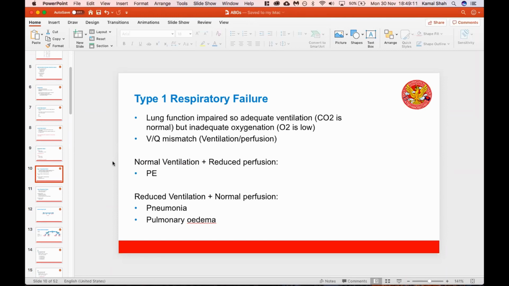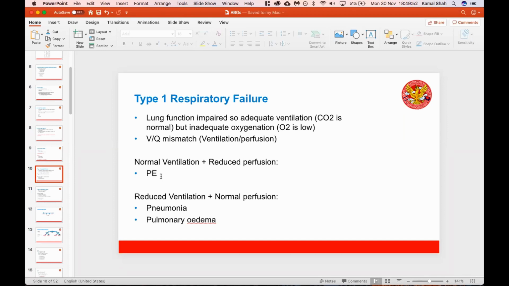We can essentially have something like PE, which causes normal ventilation but reduced perfusion. If you think of the lungs, you've got oxygen coming in, going to the alveoli, and you've got the capillaries that surround this alveolus. The key for your body is to make sure that there's a good blood supply to those areas that have good ventilation.